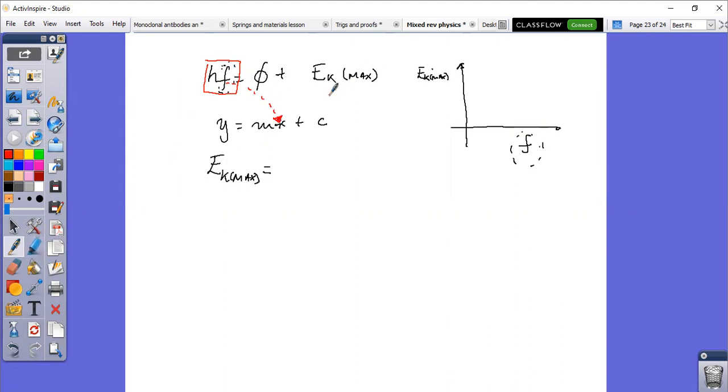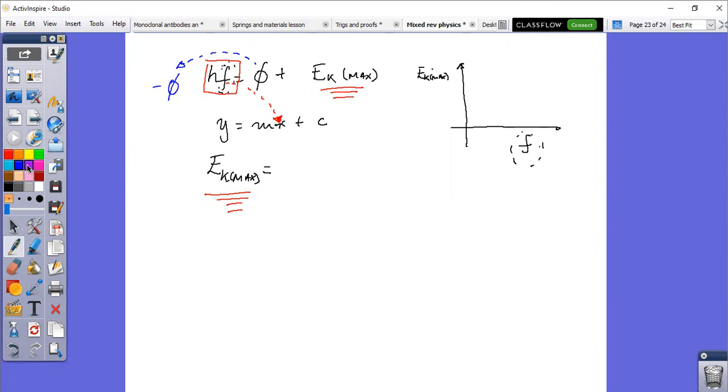But of course, now I can see that, hang on, there's a rearrangement of this equation taking place because now EK max is the subject. It's the y. So in this case, I need to rearrange this and make it EK max equals. So what would I have to do? Well, I'd have to take this to the other side and it would become minus phi upon crossing the equal to sign.